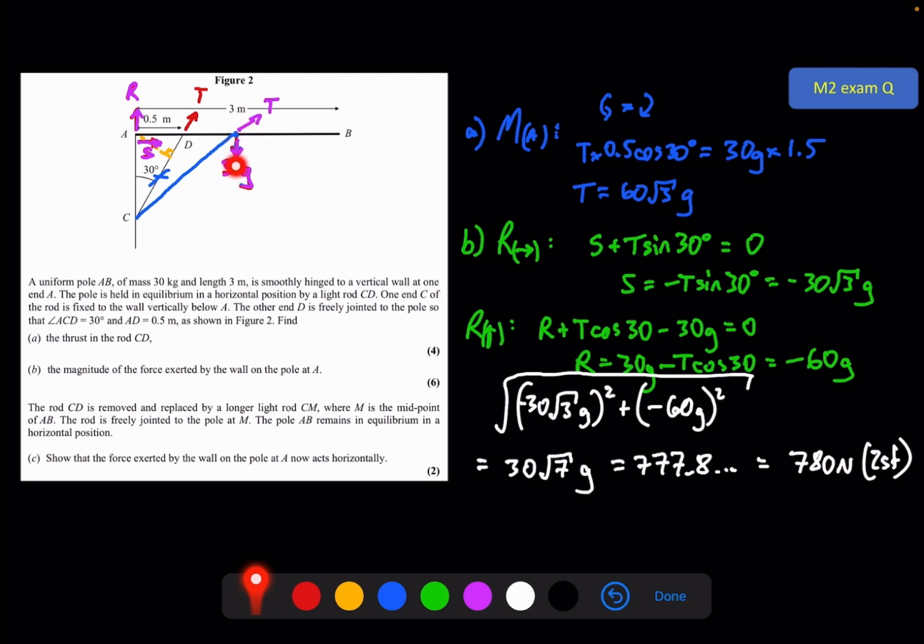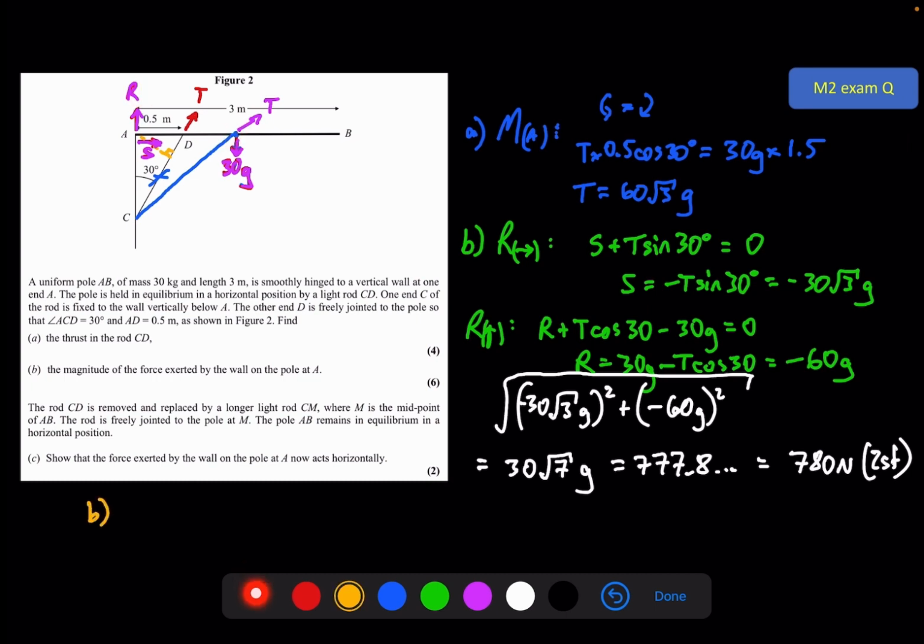Same with the weight, and same with S, whether it's coming this way or going this way, the line of action goes through this point, so all three of these would have a 0 distance in our moments equation about this point, which means the only force would be R, and for there to be only one force and no moment is impossible. R must be 0.